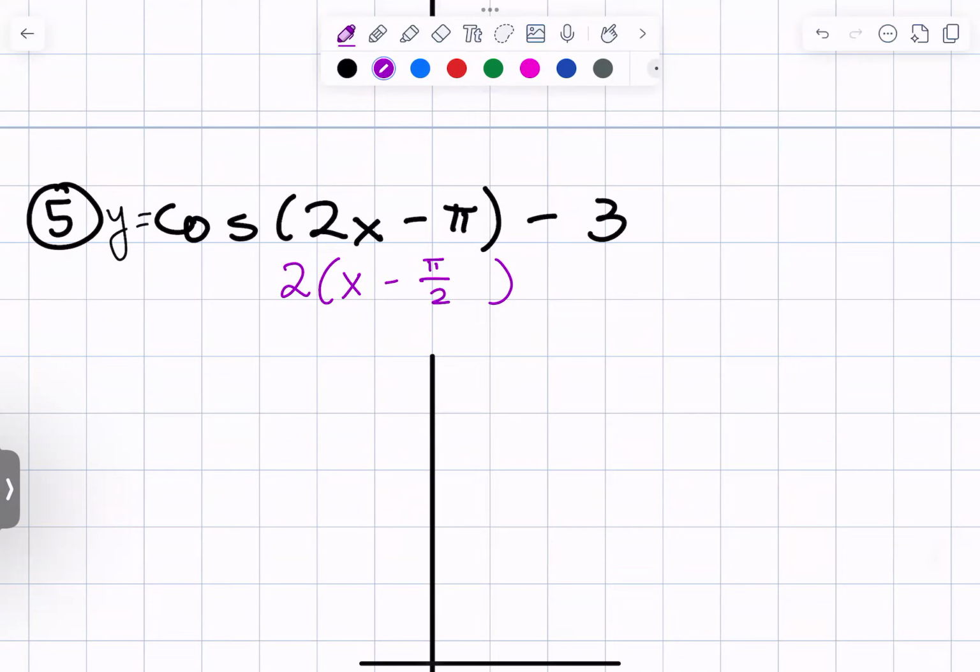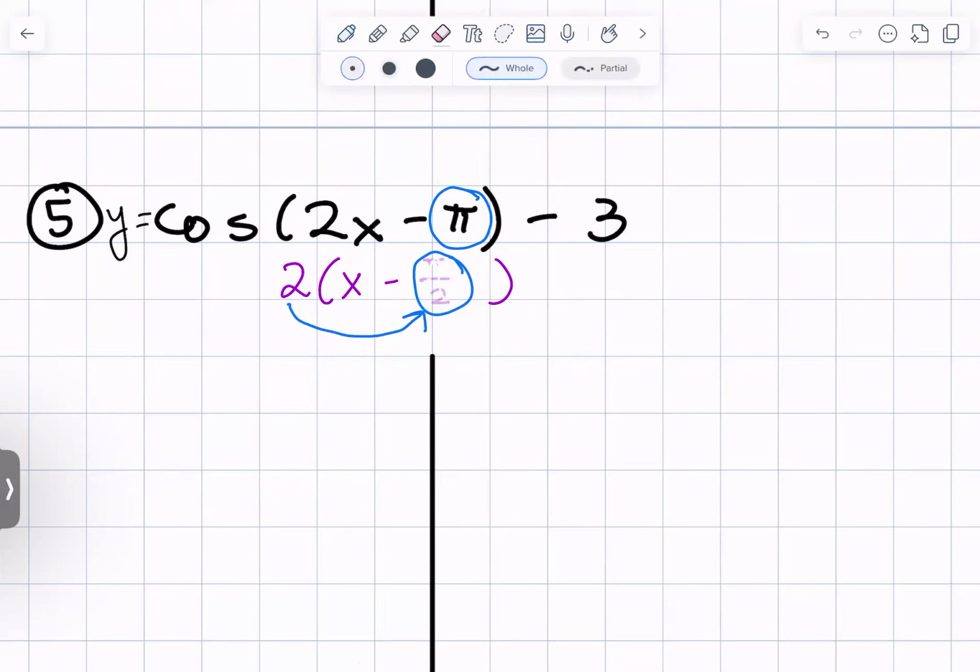The easiest, simplest way to get what this number is: if I factor out a 2, 2 times what equals pi? If I multiply this number back into what I have there, let's say I didn't know it was pi over 2, it was a question mark. 2 times what number equals pi?